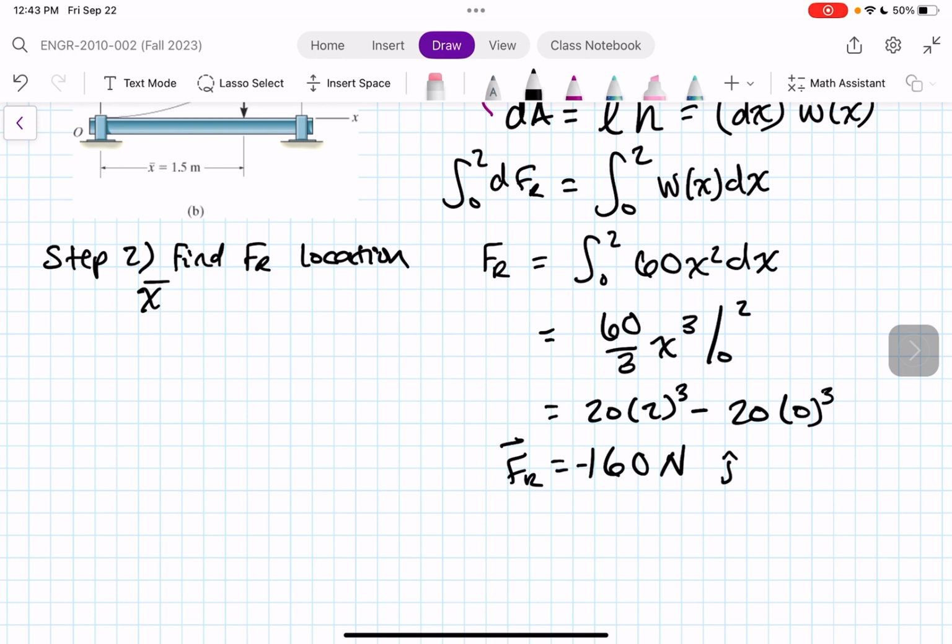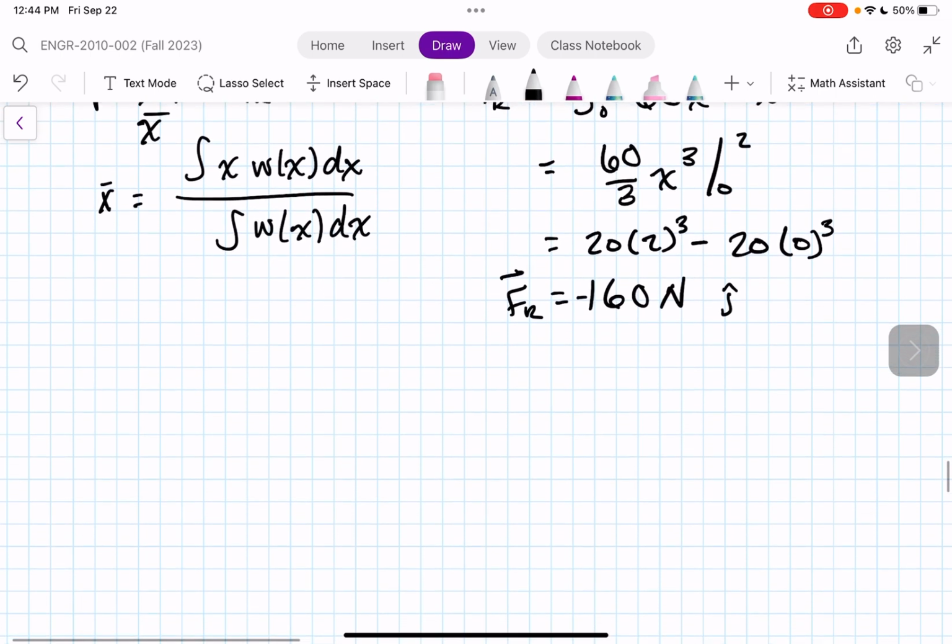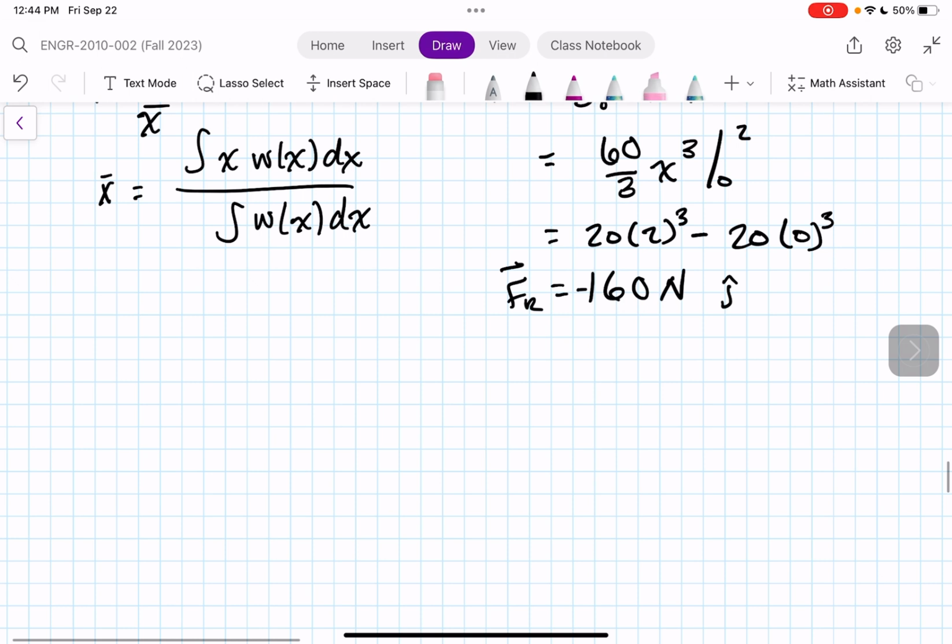Our equation is the integral over the area of x times w of x dx, divided by our resultant force. We already know this one because we calculated it right here, so we can just plug that in.